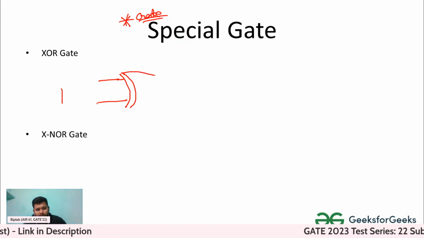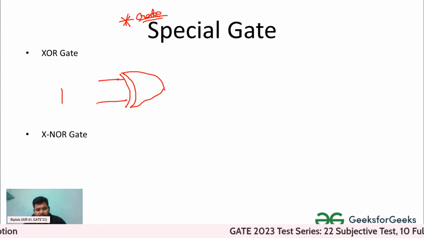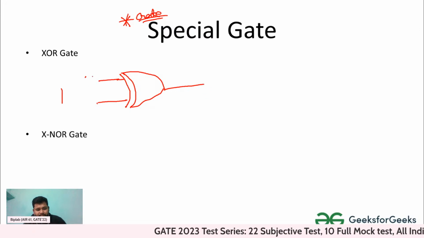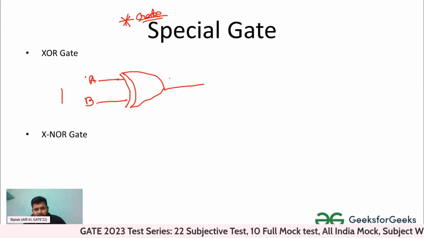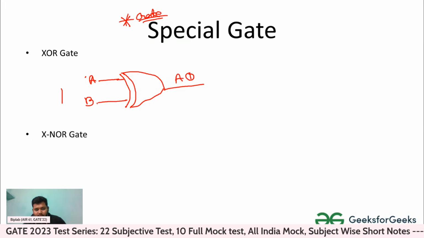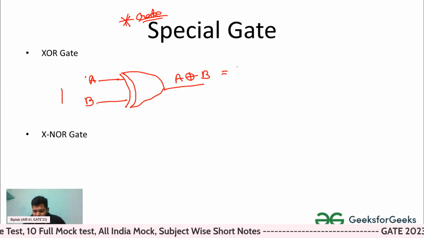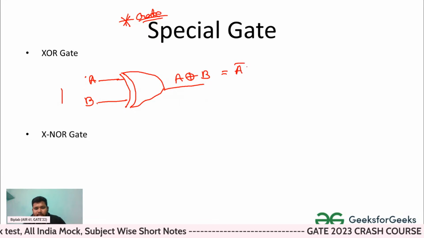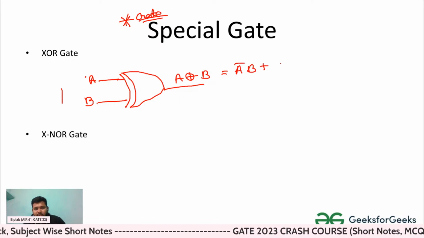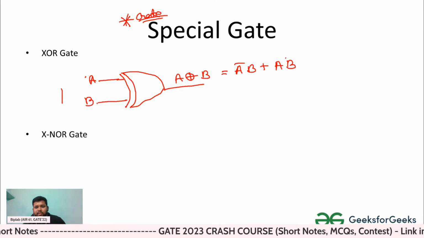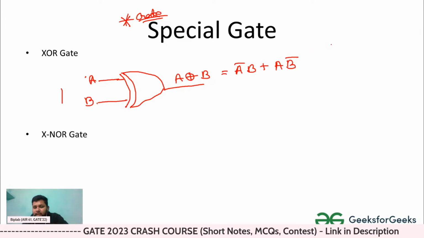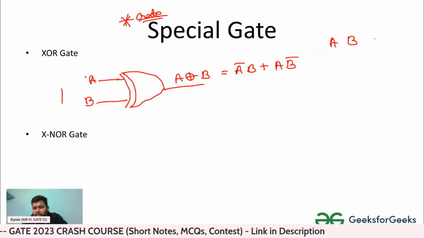Actually, you can draw it much better than me. So A, B, and A XOR B is the output, which can be simplified to A bar B plus A B bar. Let me write the truth table also for this one.